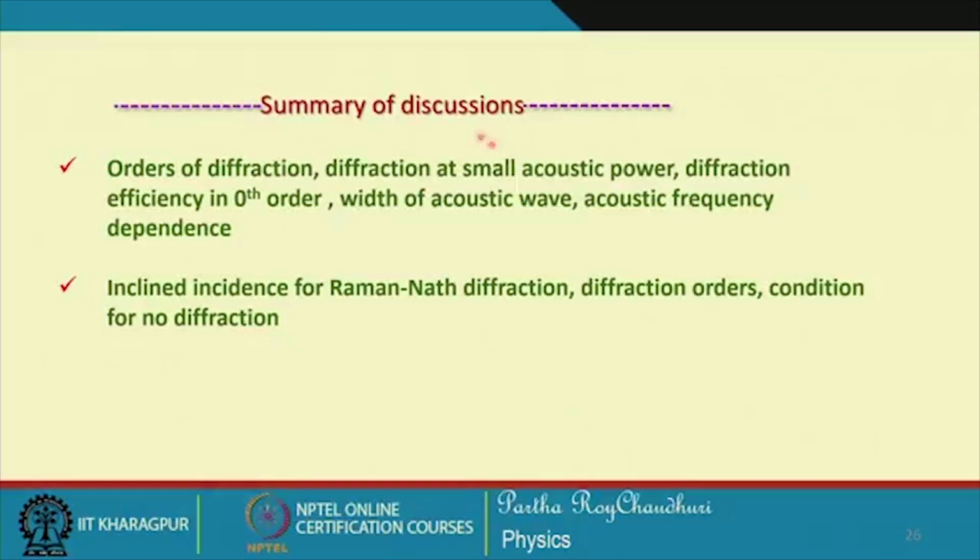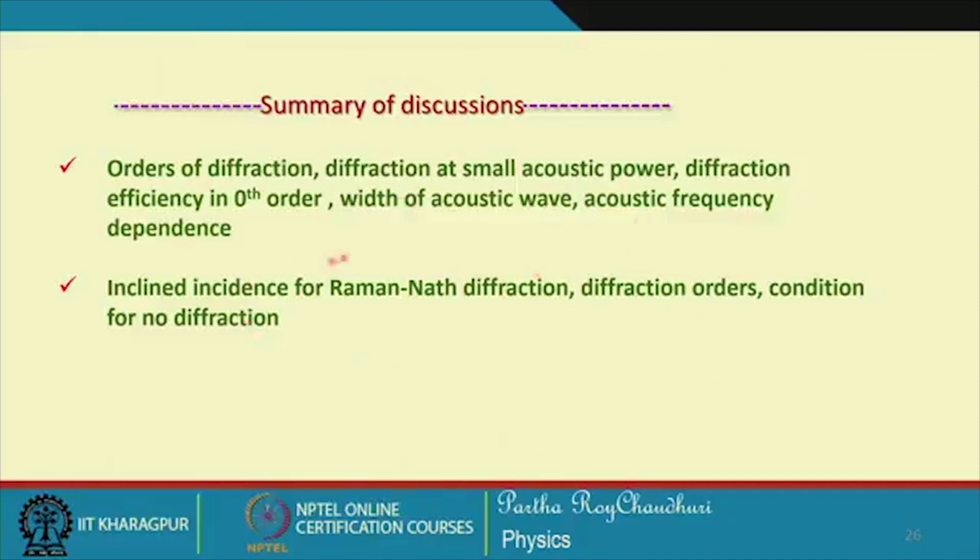So, we studied this Raman-Nath diffraction case individually for the 0th order diffraction, and for small acoustic wave diffraction efficiency in the 0th order when we assume the acoustic power is very small. Then we studied the dependence on acoustic power, and then frequency dependence.